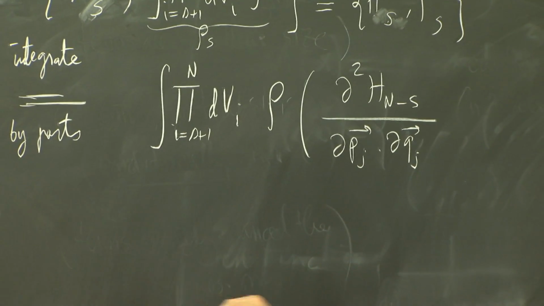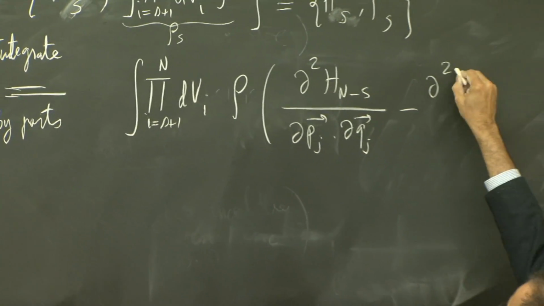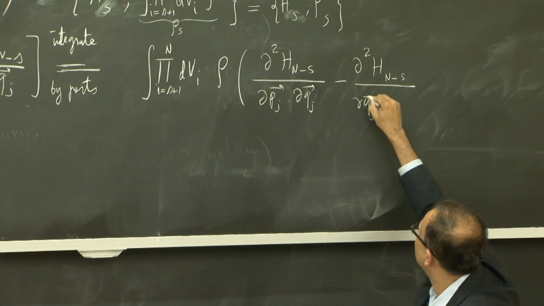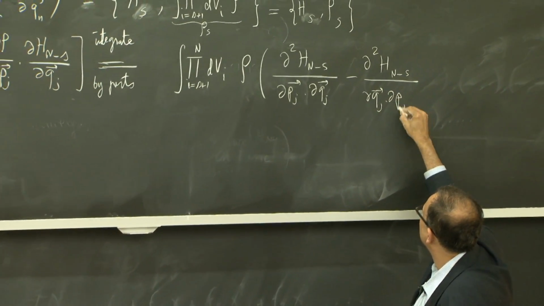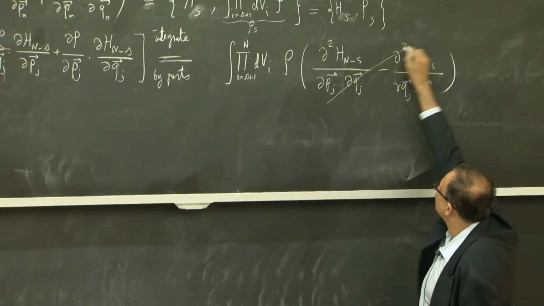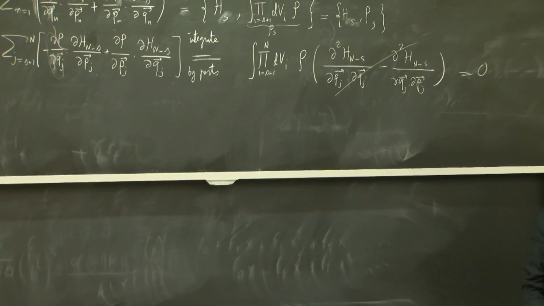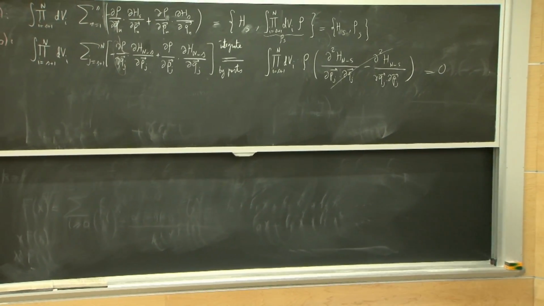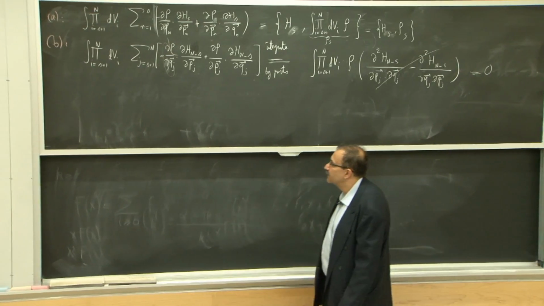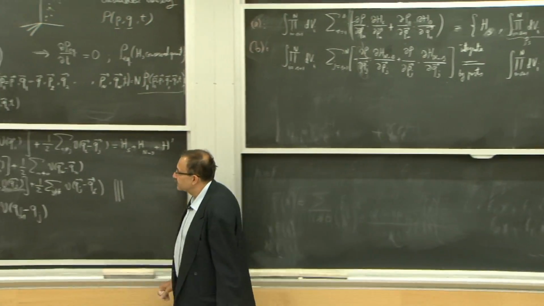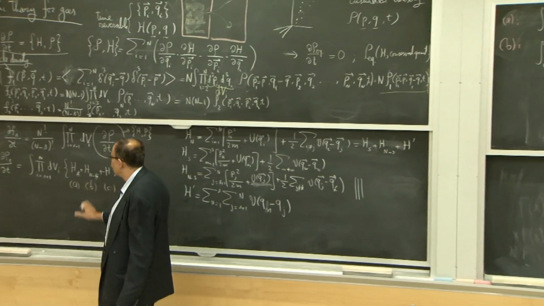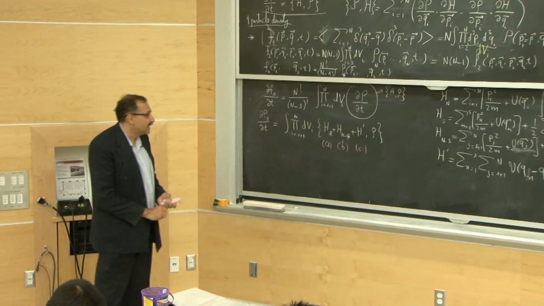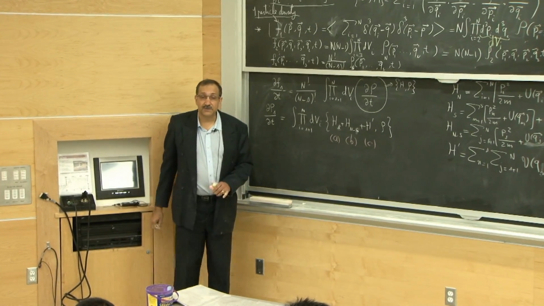And the second term will be essentially the opposite way of doing the derivative. And these two are, of course, the same, and the answer is 0. Okay? So we do expect that the evolution of all the other particles should not affect the subset that we are looking at, and that's borne out also.